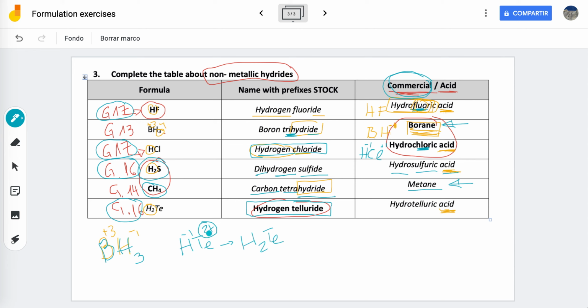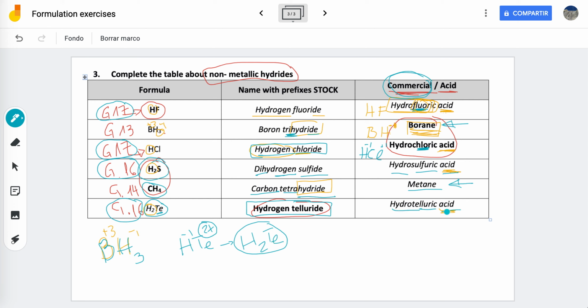Always +2. Not 8 or 6, no. Only 2. This is the only way to find tellurium with hydrogen. No other option.